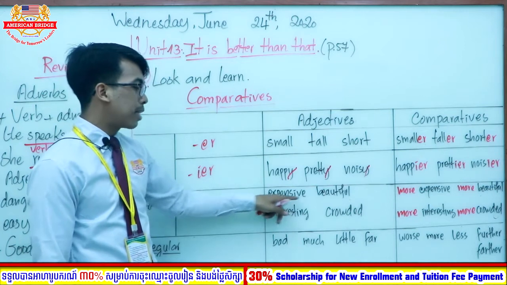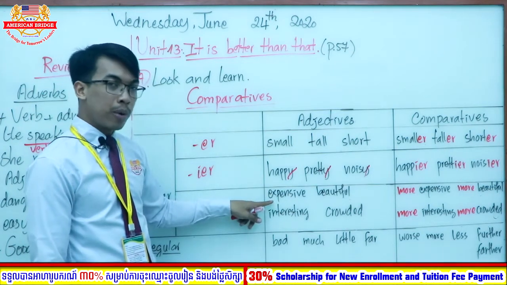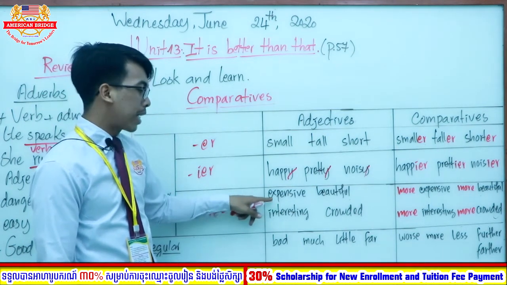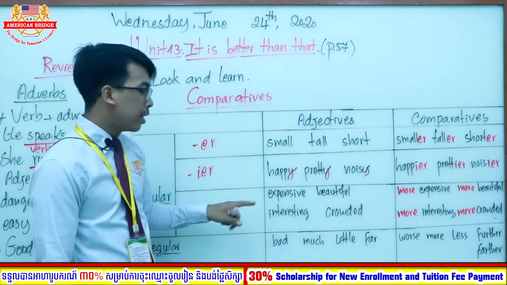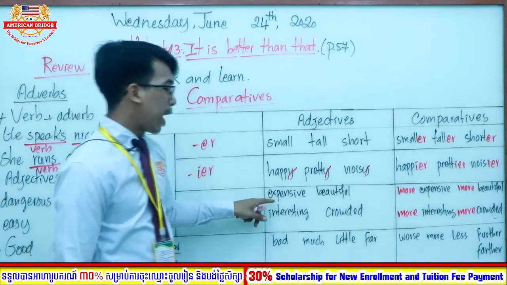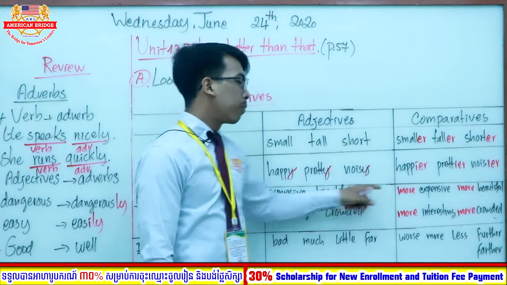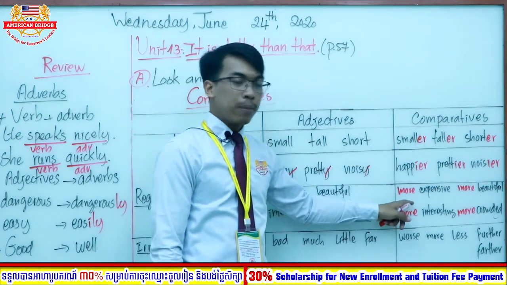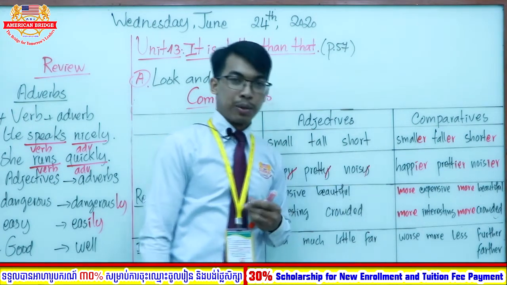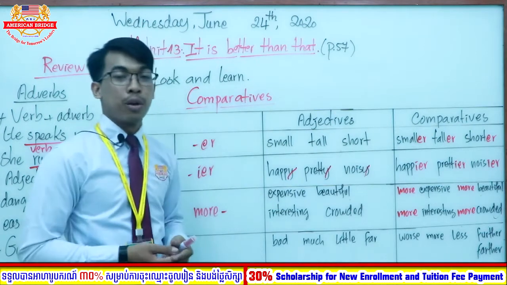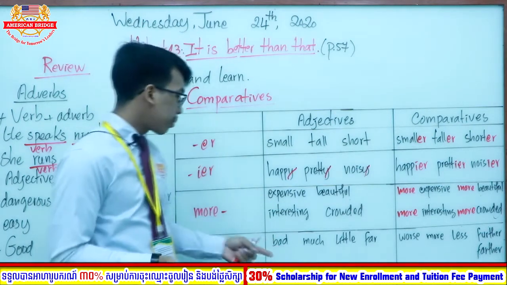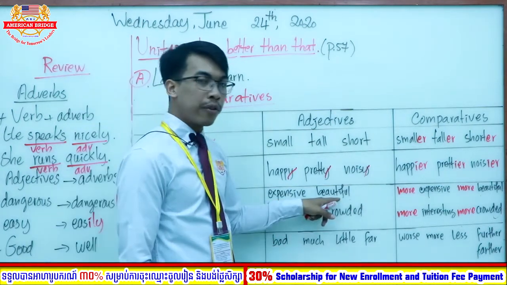Like the word expensive. How many syllables, everyone? Yes, 3 syllables. Expensive. All right. So when we want to change the word expensive, which is an adjective, we just add more. Okay. So more expensive. It becomes comparative. More expensive. All right. Like the word beautiful.